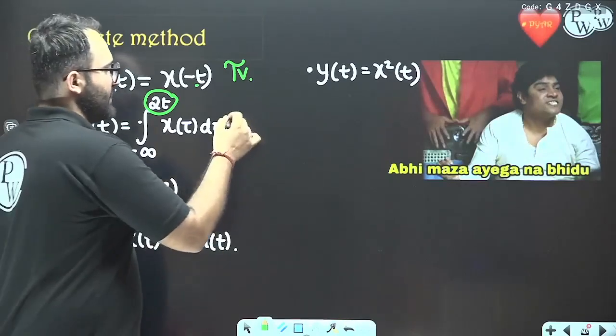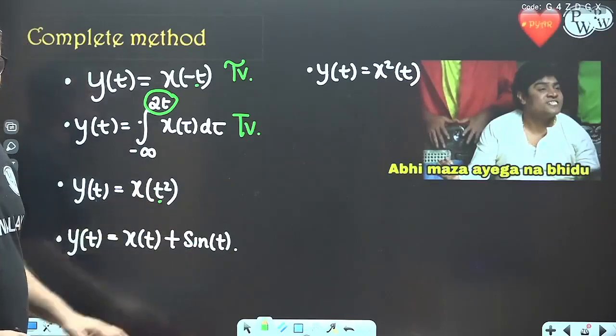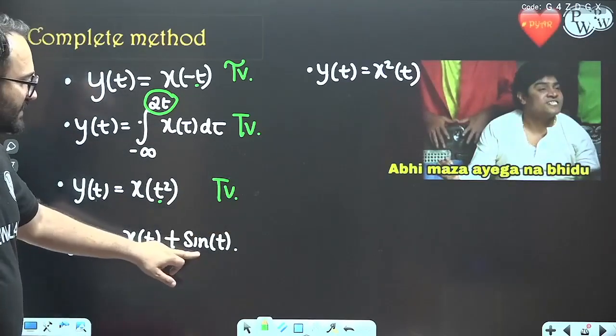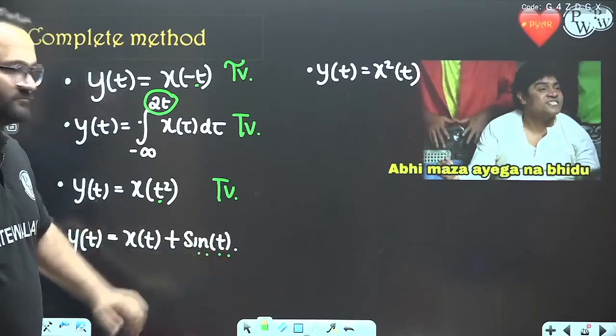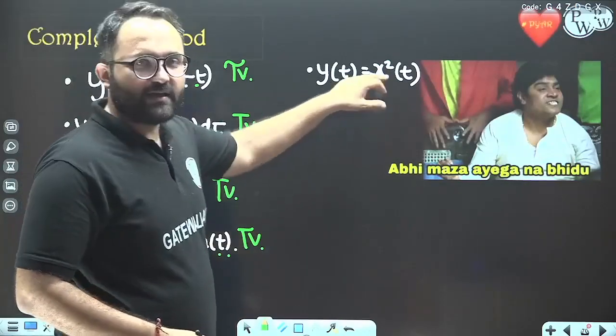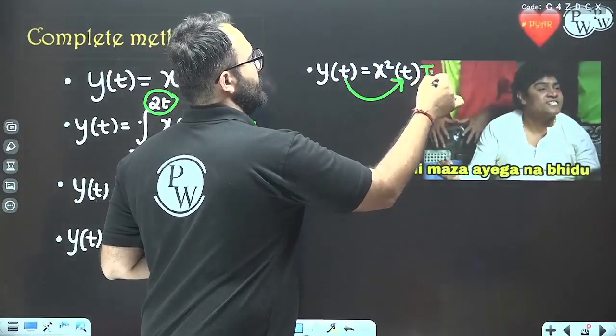So this is also time varying. Okay, we have changed the variable to t square. This is also time varying. We have added a time dependent term. So this is also time varying. But in this last example, the variable t is intact. So this is time invariant.